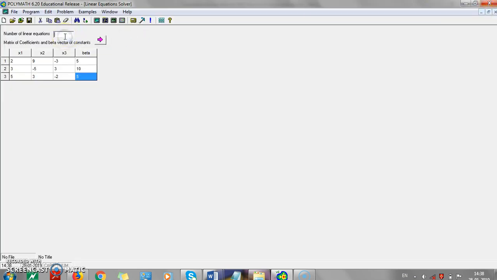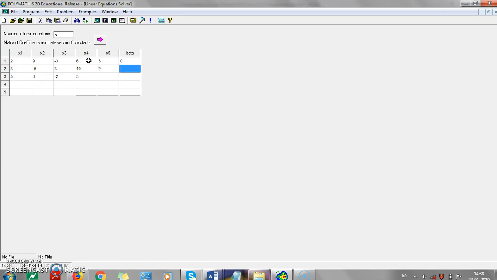Say, for example, I extend this to 5, it will give this. So I may change these values to 6, 3, 0.